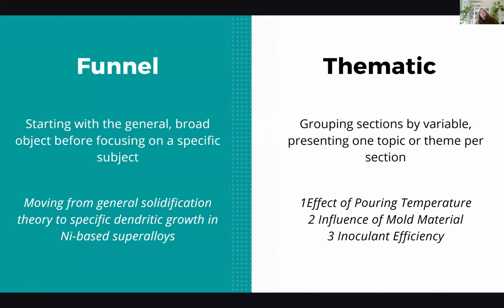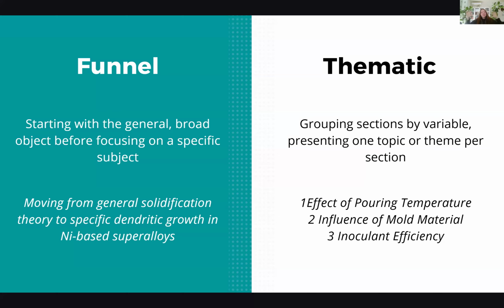Instead, I offer you two choices. The first one is the funnel literature review, and the second one is thematic. What's the difference? When we use a funnel literature review, you start with a general broad object. If you remember, we talked about objects and subjects last time.